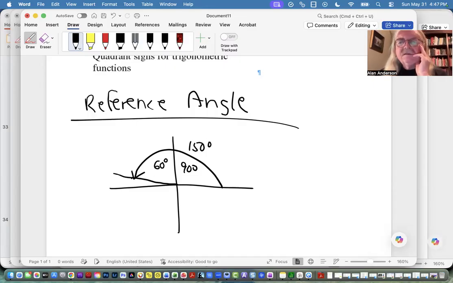The reference angle is the closest path back to the horizontal axis, meaning in this case, it would be this little piece, which is 30 degrees.